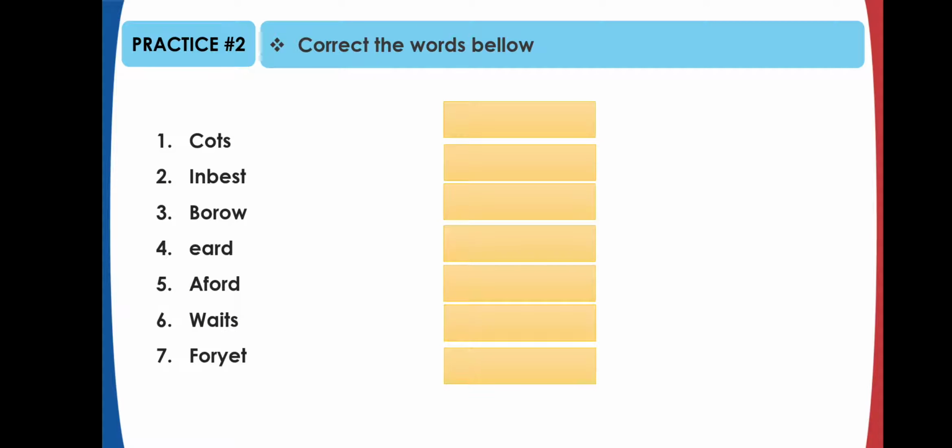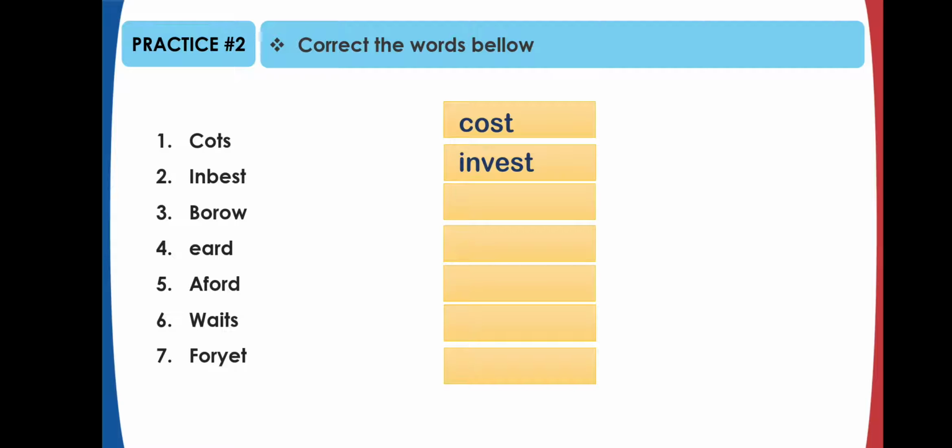Very good, guys. So now let's move on to practice number 2. Okay? It says correct the words below. Okay? So look at here. Number 1. It should be cost. Okay? And this is vocabulary about money. For example, number 2 is incorrect. It should be invest.